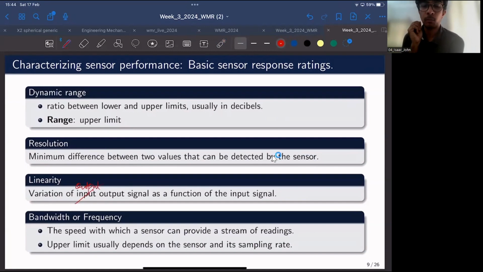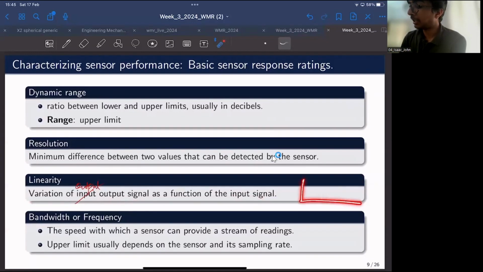More often than not, it may not be linear, so it may be easy to get misled by the name, linearity. It has nothing to do with how linear the input is. It is about how linearly the output varies with respect to the input.